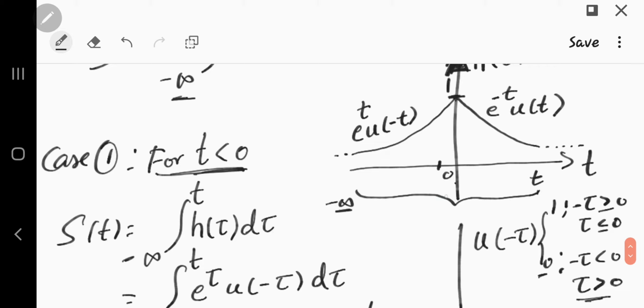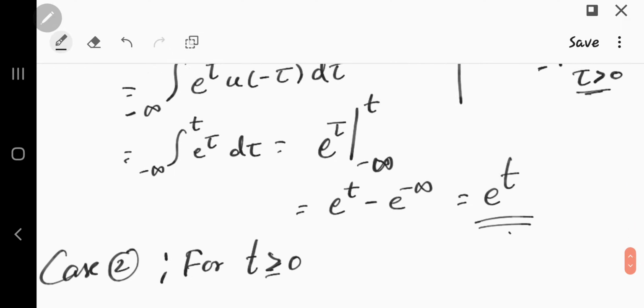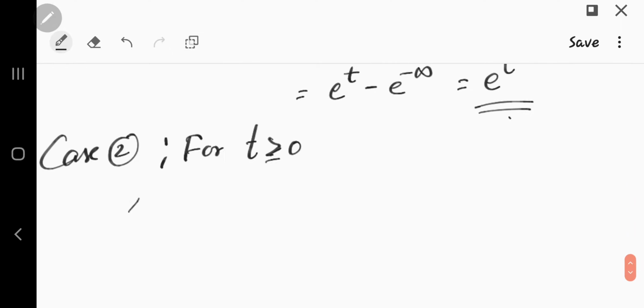From minus infinity to 0, we have e to the power of t, u of minus t, and from 0 to t, I have e to the power of minus t into u of t. So we have to consider both cases and perform the integration to find the value of s of t.